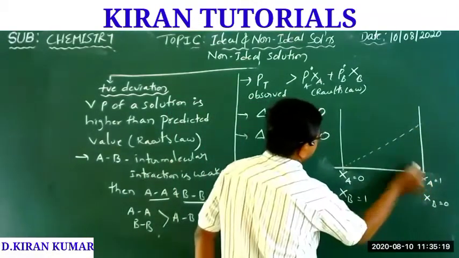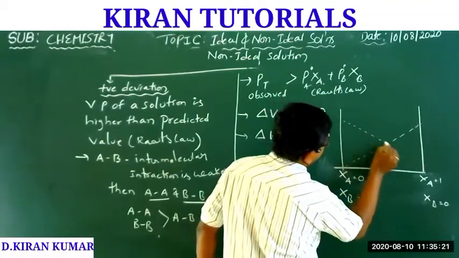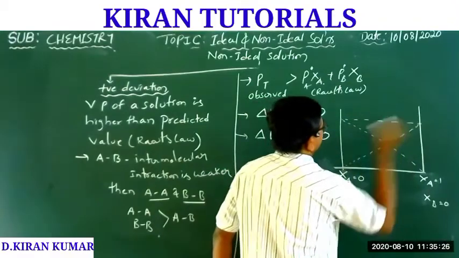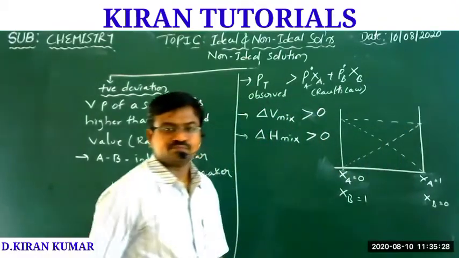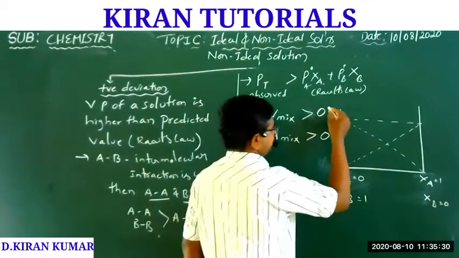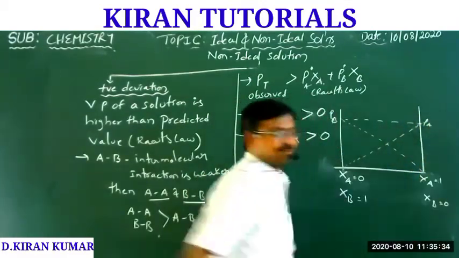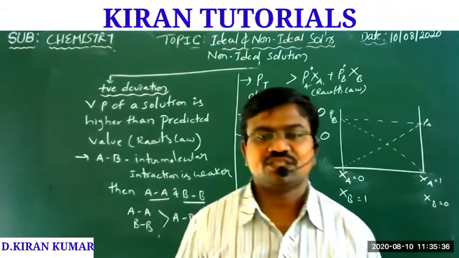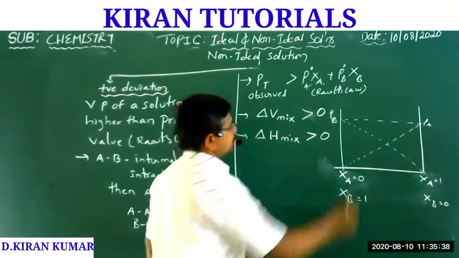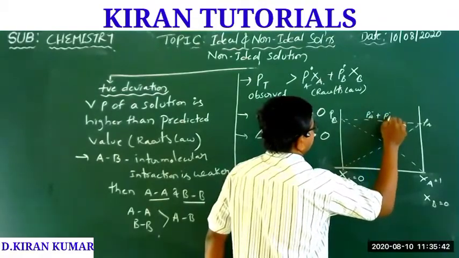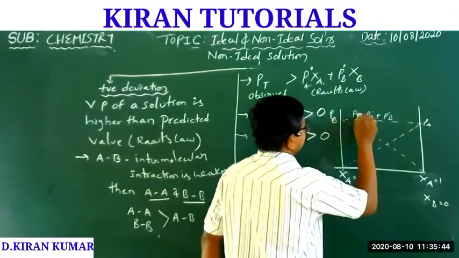Here it is the total pressure. Here it is PB, here PA, the partial pressure of A and partial pressure of B. Then what about here? Partial pressure of A plus partial pressure of B is the total pressure.